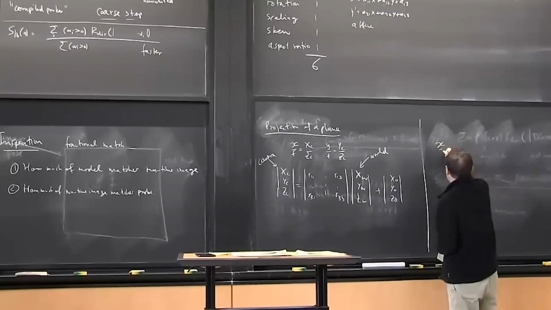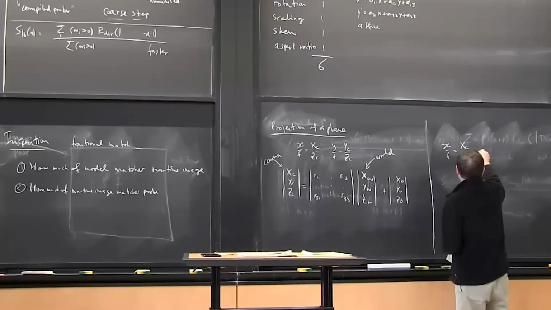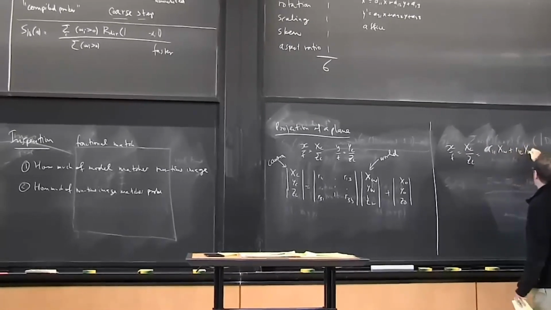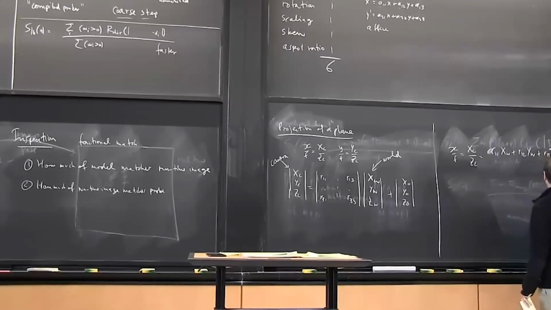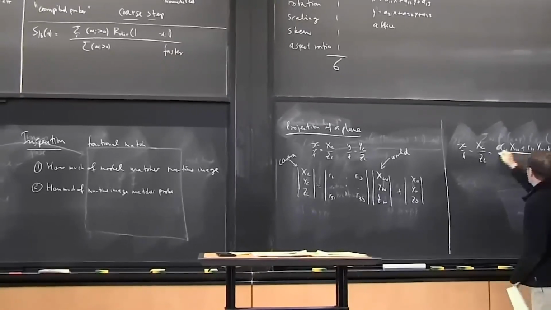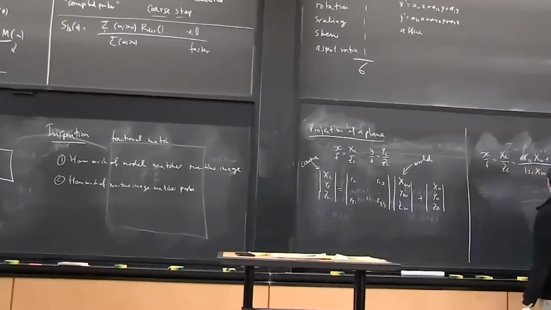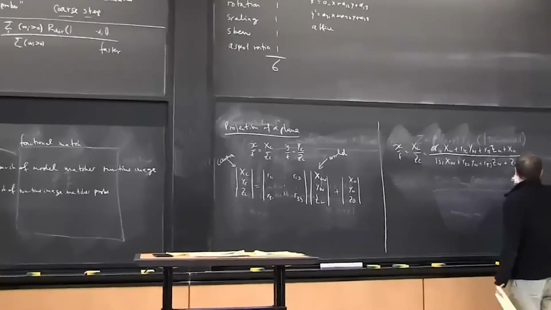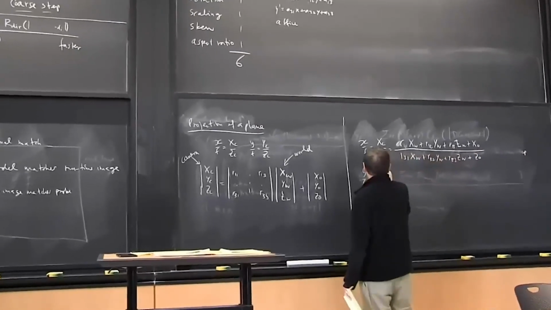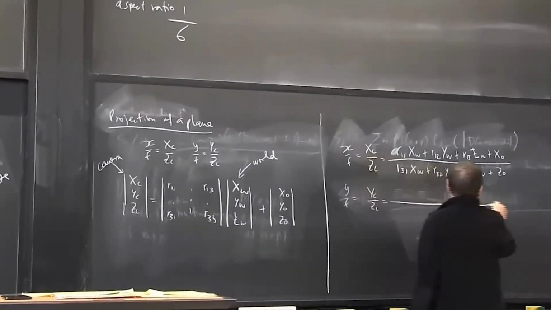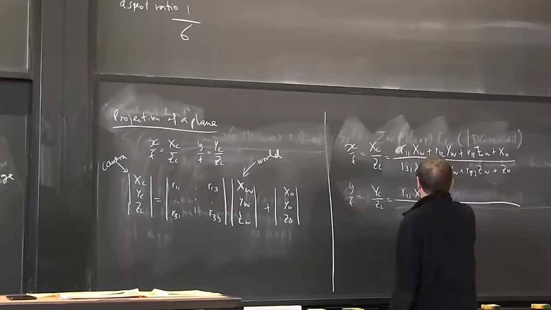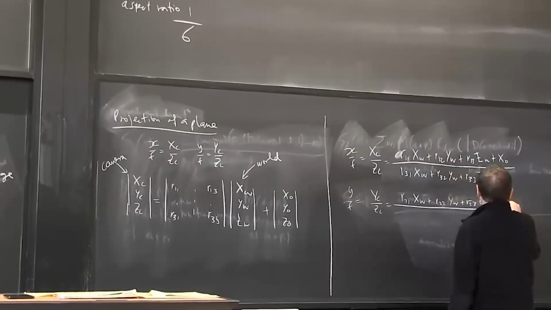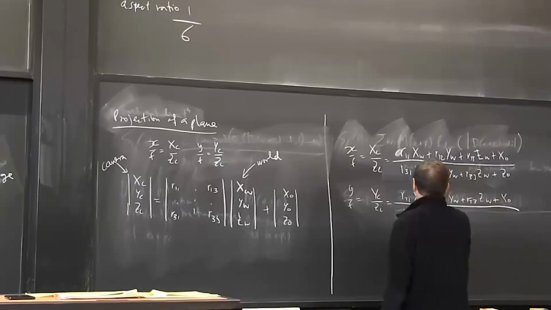So what I'm going to get, so this is just multiplying out that matrix, and this is again the same thing.